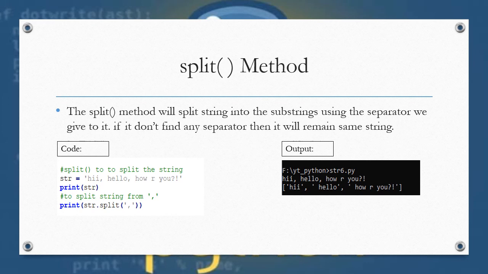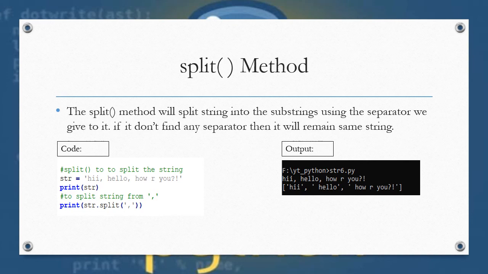Many times we want to split a string into many parts. Here we want to separate one string into substrings using the comma operator. Now I have "hi, hello and how are you", and I am separating it by the comma.